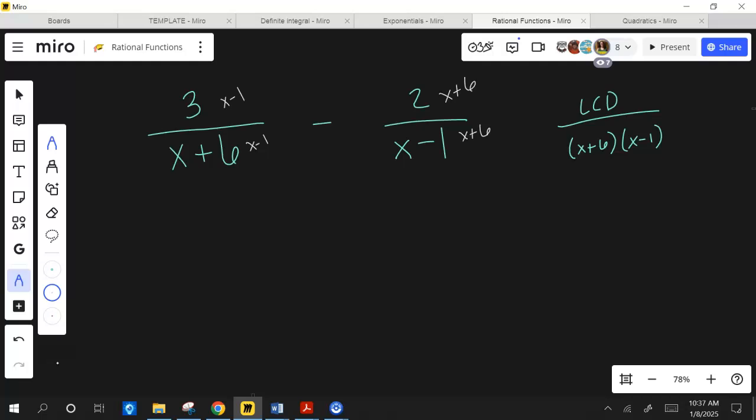All right, I'm going to go ahead and multiply. Hold on, let me finish this and then I'll help you. So I'm going to go ahead and distribute through, okay? So 3x minus 1, minus 2x plus 6.